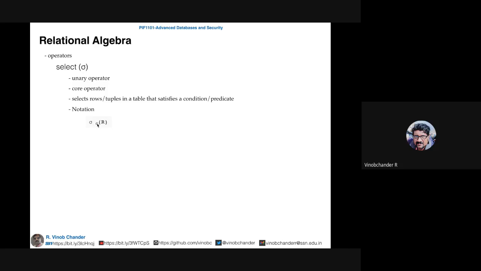So the C that you are seeing here is your condition or the predicate that you write, based upon your table attributes. And this condition is applied to your operand. Your operand is your table. So R is your relation or your table. So select, based upon this particular condition, the rows from this particular table. So that is the meaning of this notation.